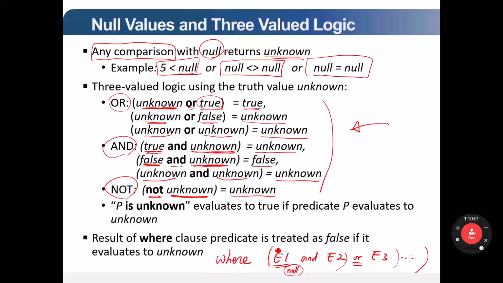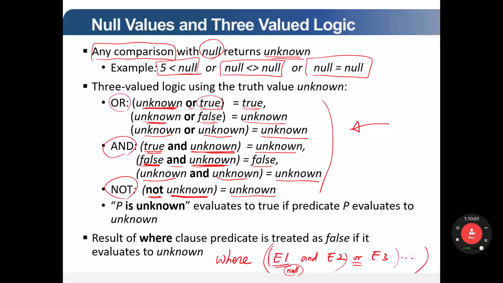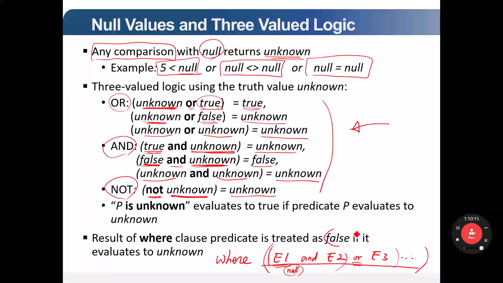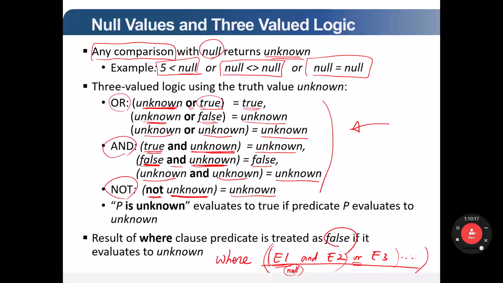And at the end, finally we are going to have either true, false, or null value. And if this entire expression is evaluated as null value, then we treat it as false value. Okay.